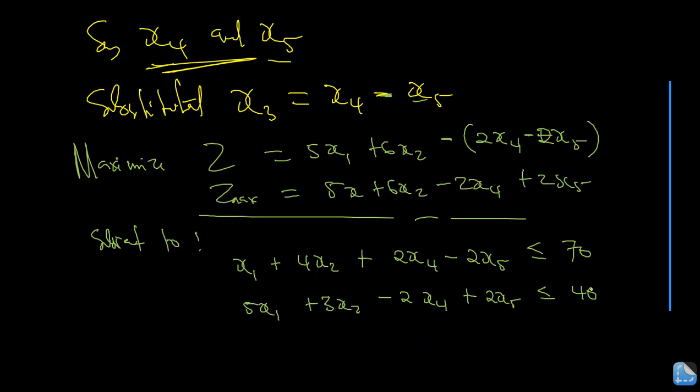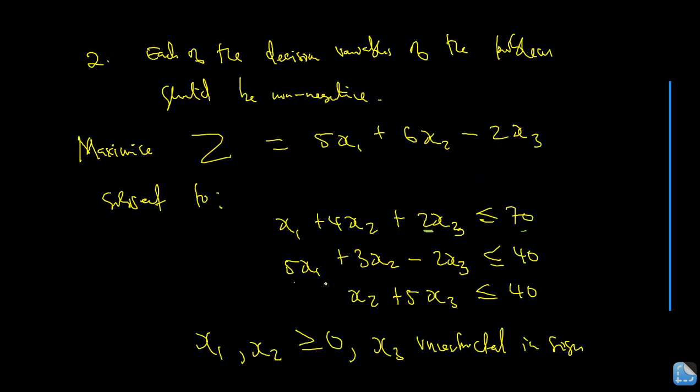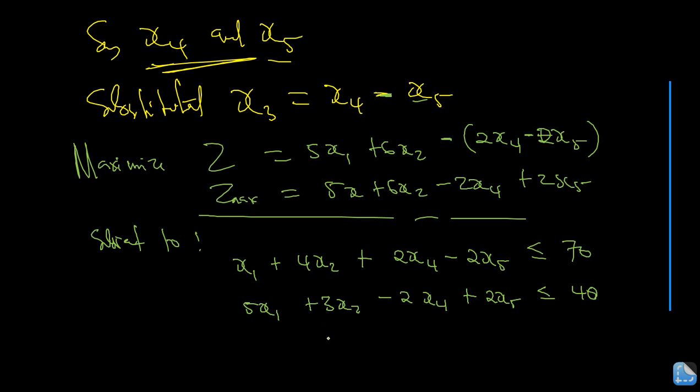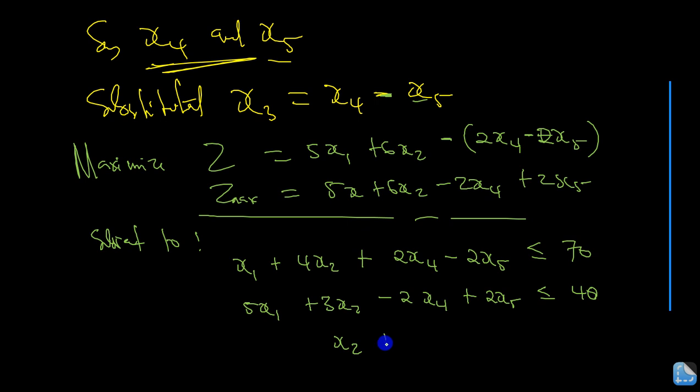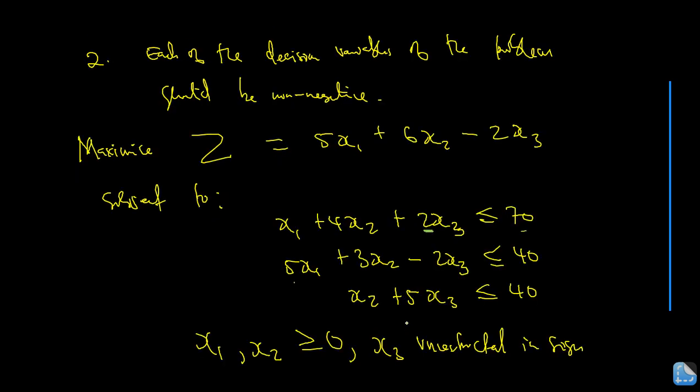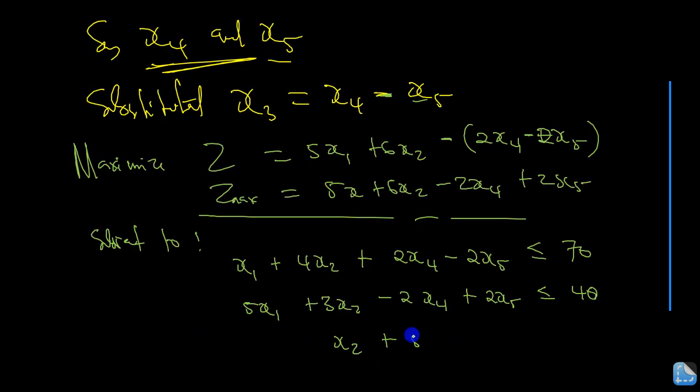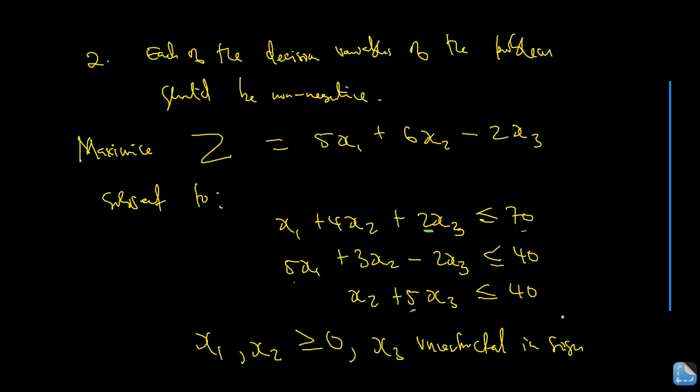Okay, 40. And then the last one, x2 plus, what is the number here? 5. So it will be 5x4 minus 5x5 is less than or equal to 40.